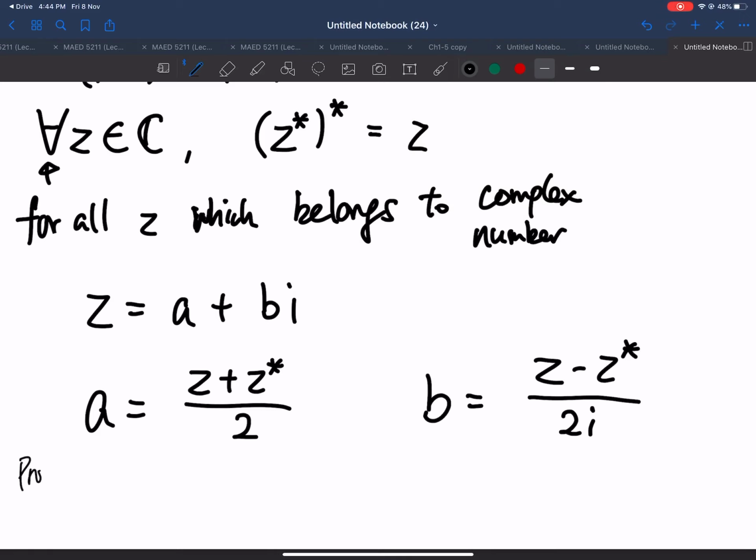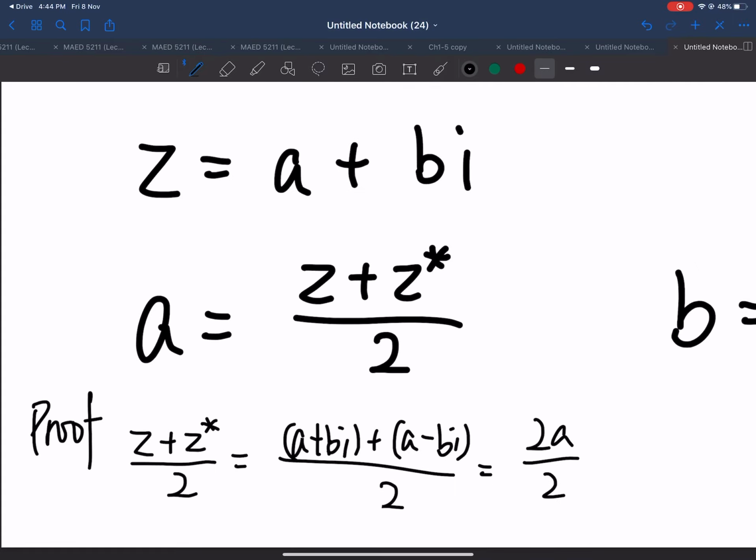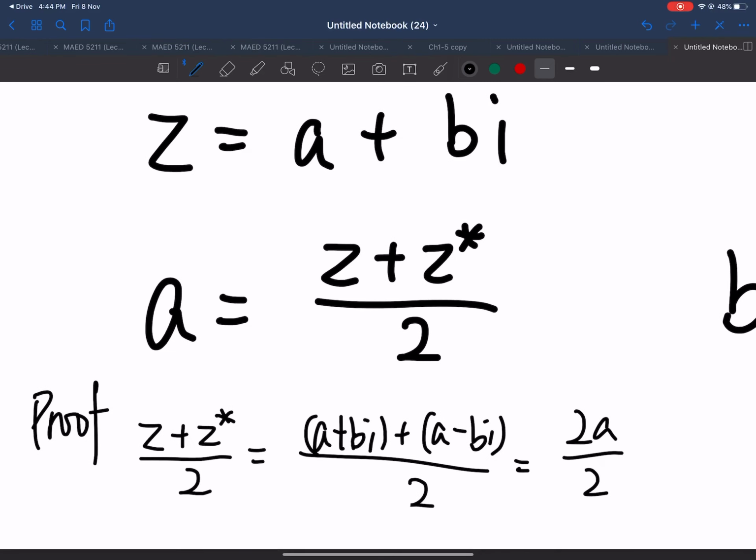That's for A. You just cancel out the imaginary part. A plus BI plus A minus BI over 2 gives you 2A over 2, which gives you A, okay?